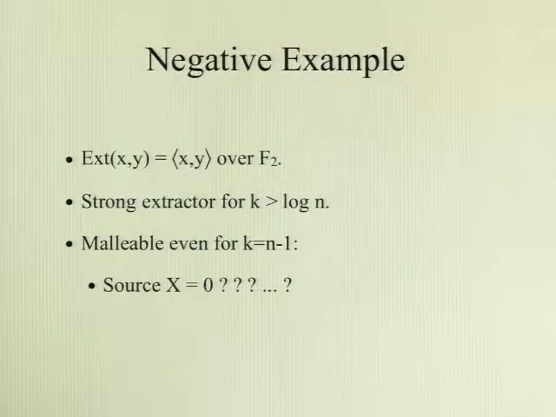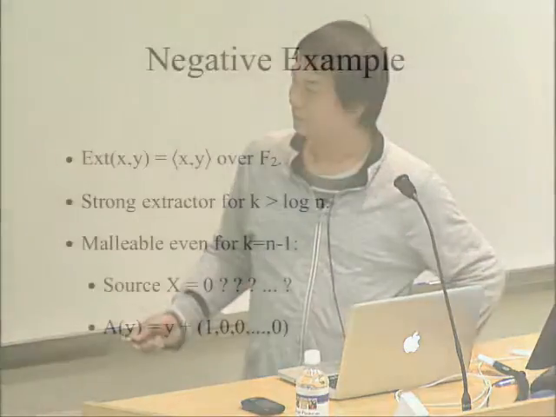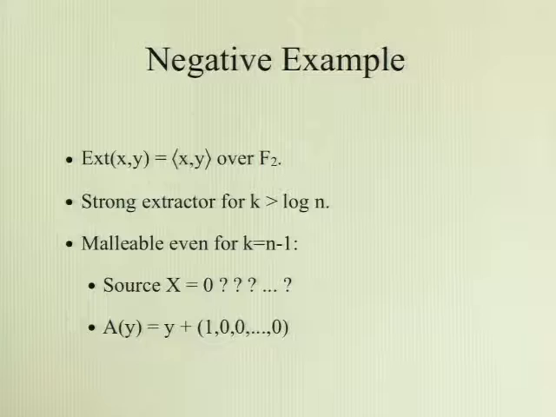To see this, you can consider a source X which has the first bit fixed to be 0, and the rest of the bits are just uniformly distributed. So you can see that this source has entropy m-1. But now the adversary, given any seed Y, can just make A(Y) the string that has the first bit of Y flipped, and the rest of the bits the same.